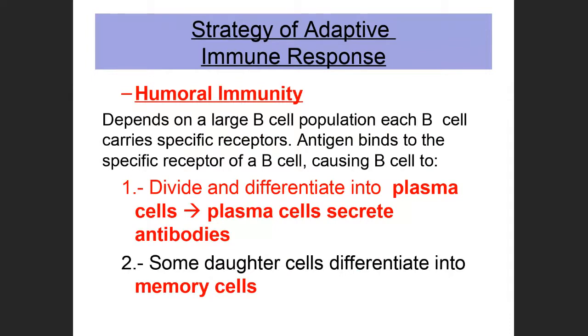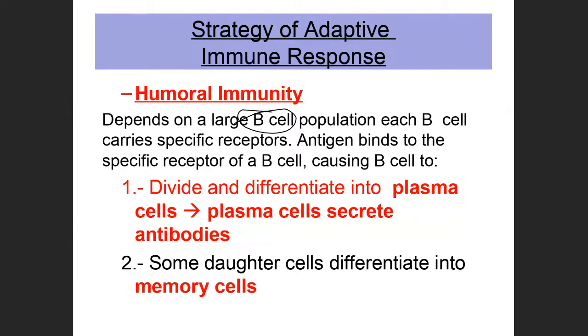Humoral immunity depends on lymphocytes called B cells. Each B cell has a receptor which will be specific to an antigen. An antigen is essentially a molecule that can bind to a B cell.